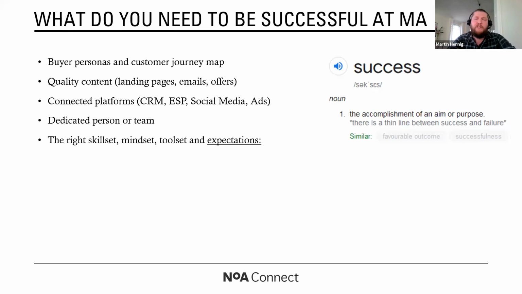We need quality content, and content in our world means things like landing pages, email templates, content offers. Content offers are typically your webinars. It could be a white paper. It could be your reports, things that people would want to access. And then connected platforms.